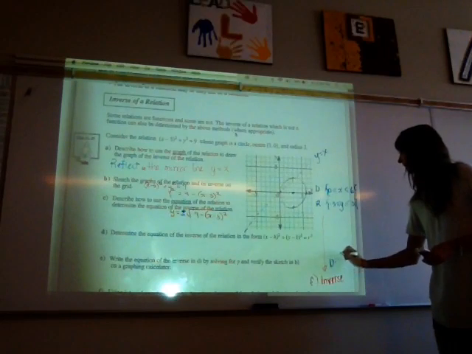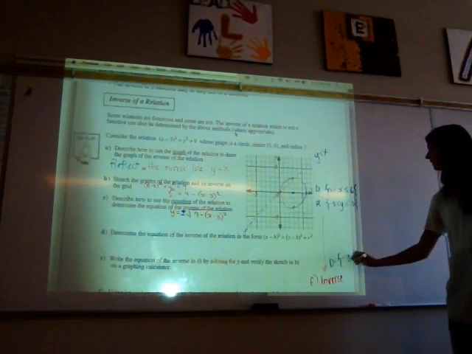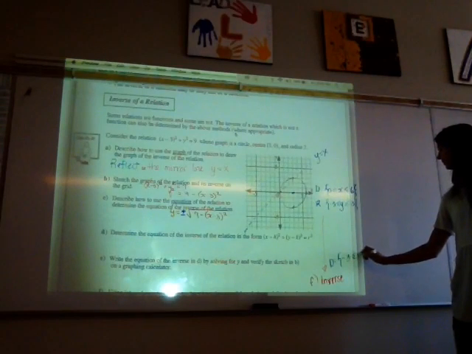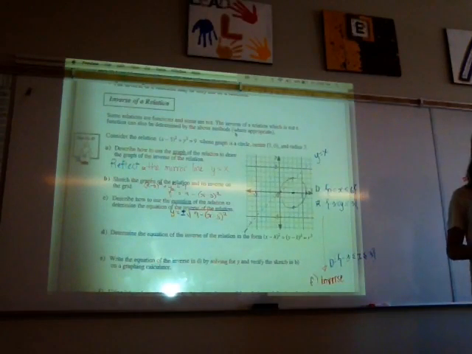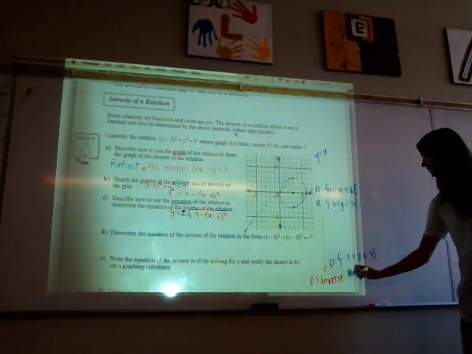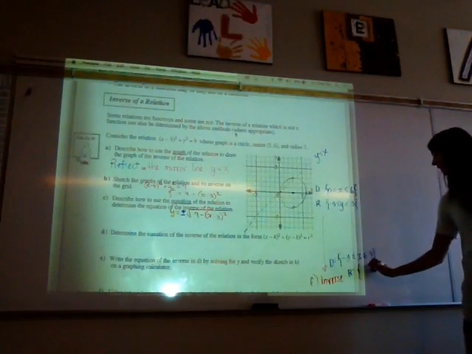So the domain of the inverse function comes from the range. So x will be greater than or equal to negative 3 and less than or equal to positive 3. The range will come from the domain of the original function. So y will be between 0 and 6.